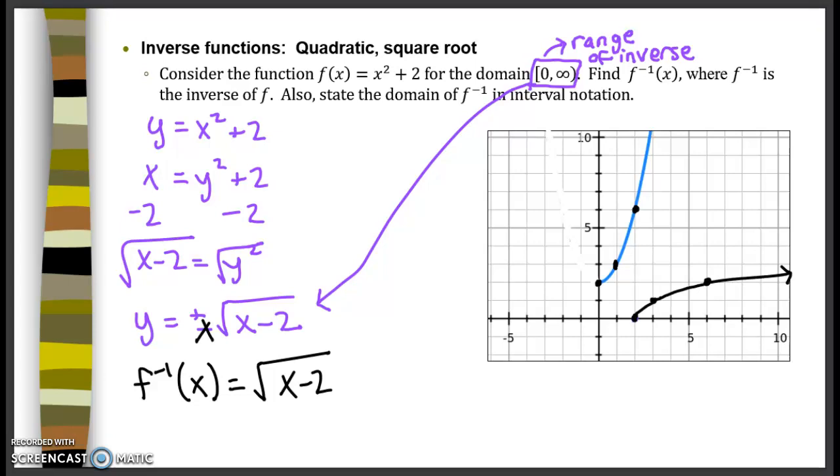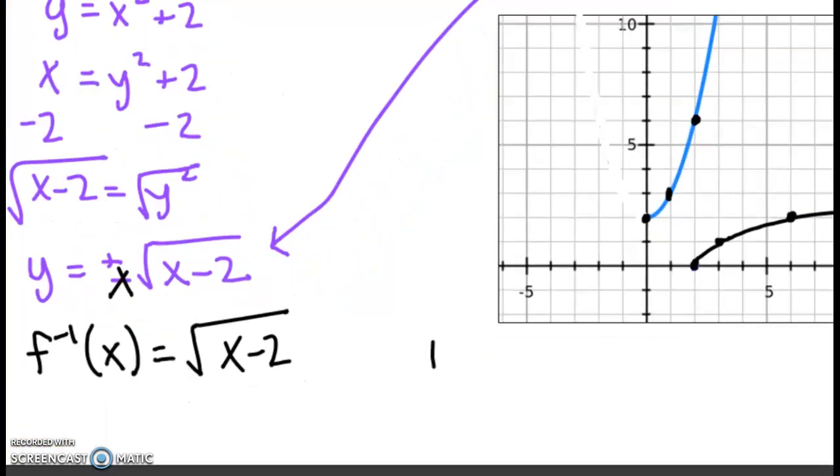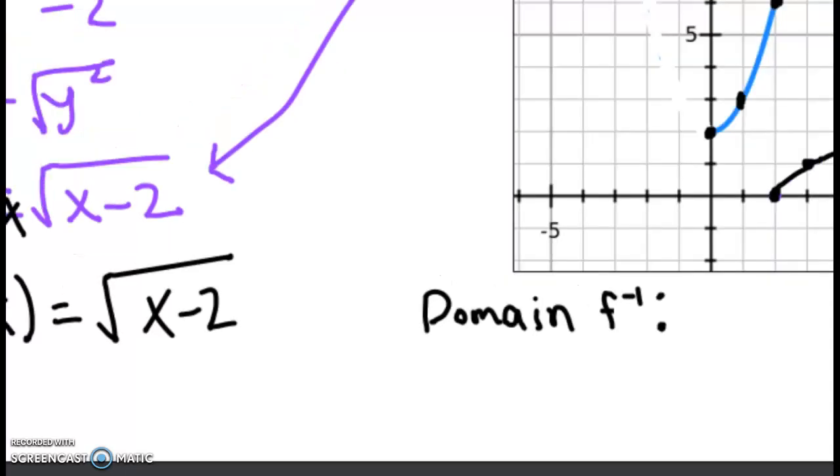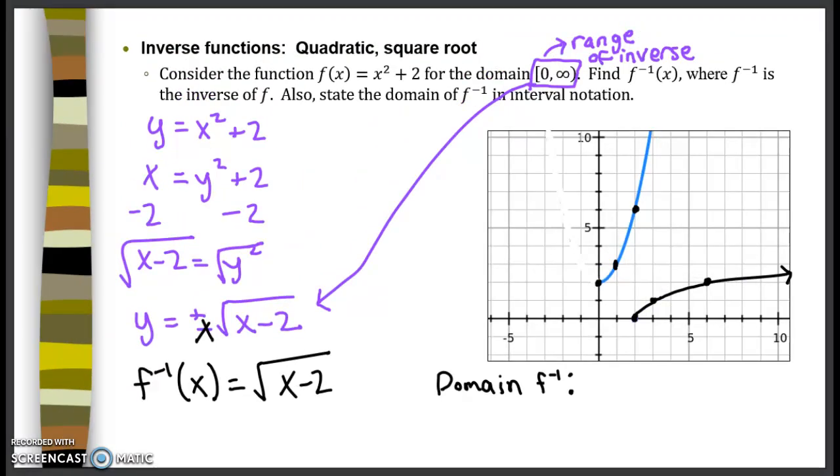So what is the domain of f inverse? Well, the domain of f inverse I can find by looking at my function f inverse, and I can see that I'm going to go from 2 to infinity.